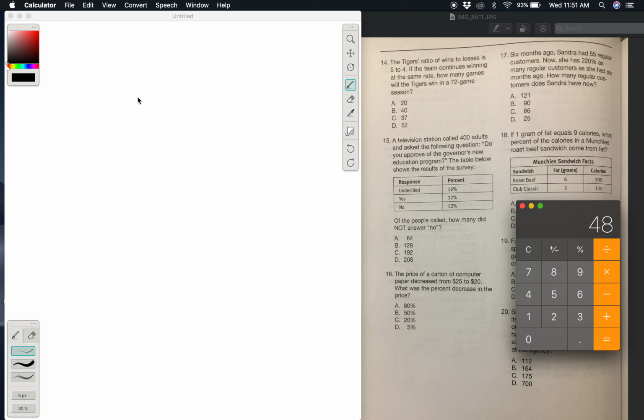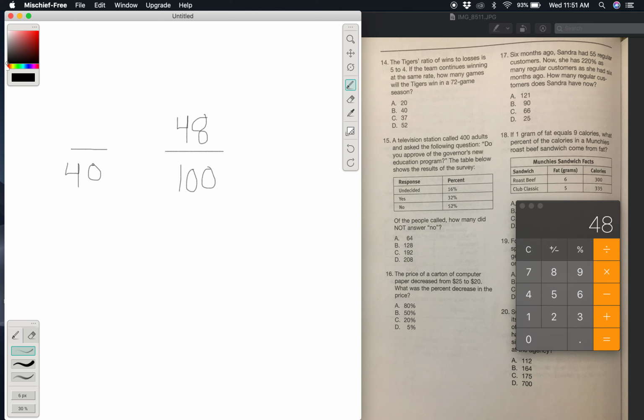We have 48% out of 100% have not said no. And we know that the total is a television station called 400 adults. So we know the total of adults called is 400.